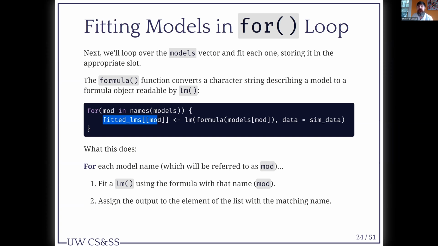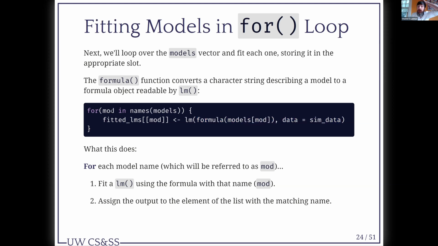So this over here is the intercept only element of fitted LMs. To that, we want to assign the results of an lm function with a formula. The formula is the models object subset to intercept only, meaning this thing right here is y tilde 1. In quotes, this makes it just y tilde 1 as an object. And then the data is going to be our simulated data.